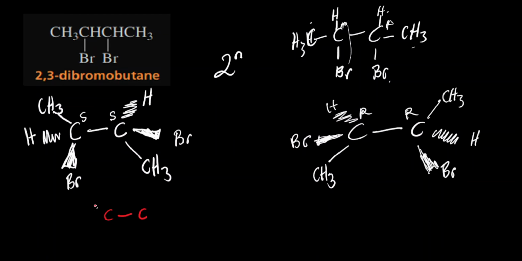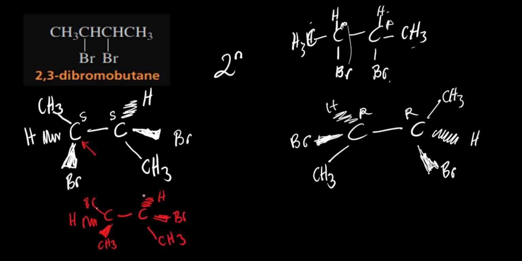We'd change the position of methyl and bromine for this carbon. So bromine would come right here, taking the position of methyl, and then methyl would come down here to the solid wedge. And then of course we'd have our dashed wedge with hydrogen, another dashed wedge here with hydrogen, a solid wedge with bromine, and then here we have methyl.